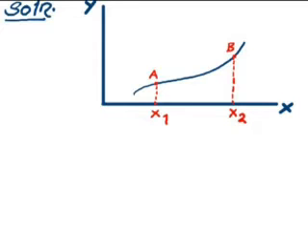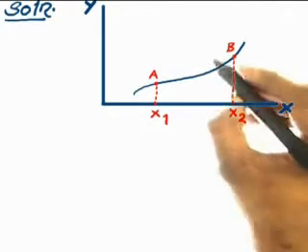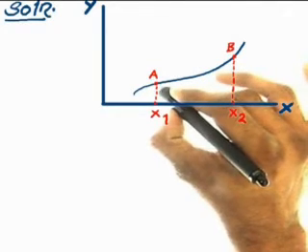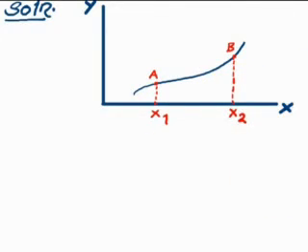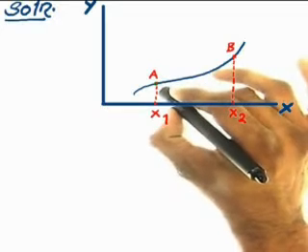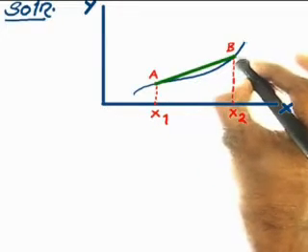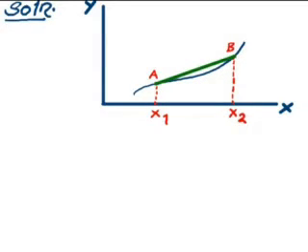Now if we want to talk about displacement of the particle, then it can be easily calculated, because the direct distance between A, the initial position, and B, the final position, is called the displacement.